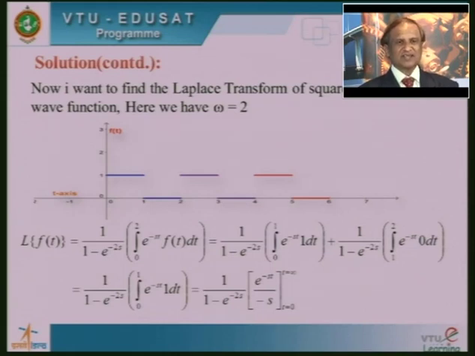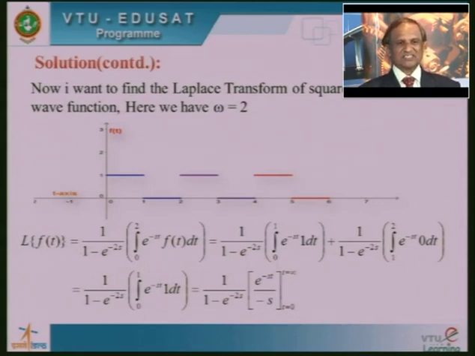You can observe the graph, is it clear, right? The first part is 0 to 1, the blue color line, and the second part is 1 to 2 on the t axis. I want to integrate these two parts.